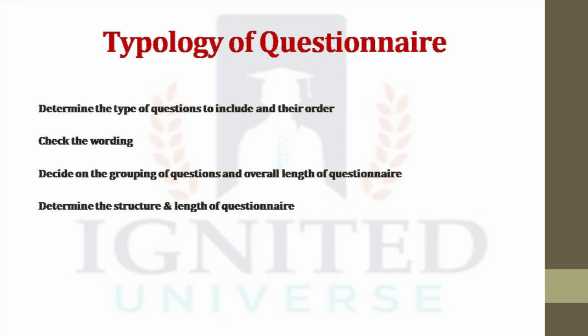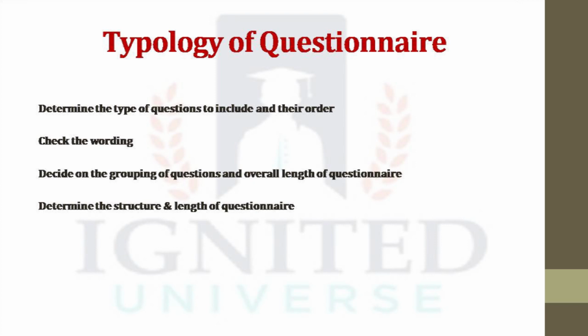Further, in our questionnaire, we should avoid questions that create ambiguity. The words used in the questionnaire should mean the same thing to all those who are answering it. For example, consider the question, how often do you visit a store? Never, occasionally, sometimes, often, or regularly. Now this question has a lot of words that are subjective and relative in meaning.